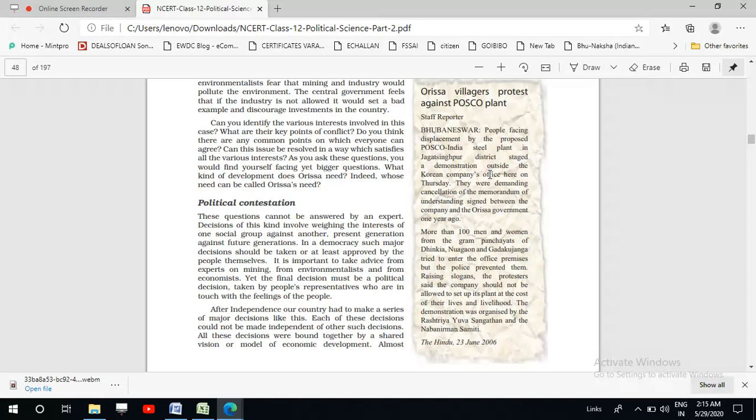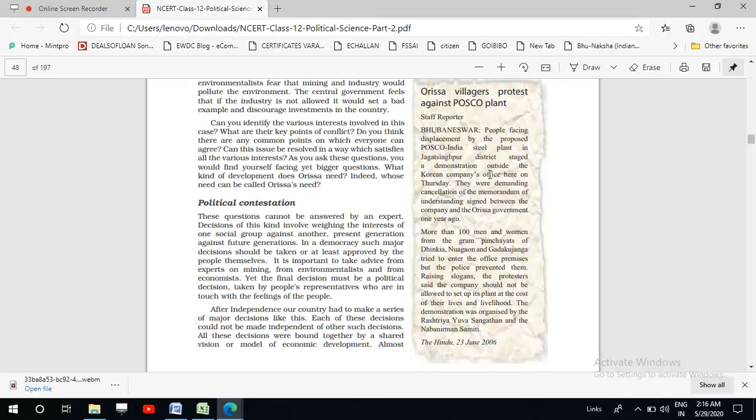So, all these three Gram Panchayats which have been mentioned here belong to the tribal population. These people are protesting against the MOU, and they are trying to enter the office premises of the Korean company.